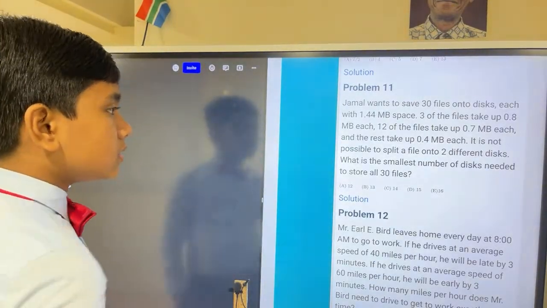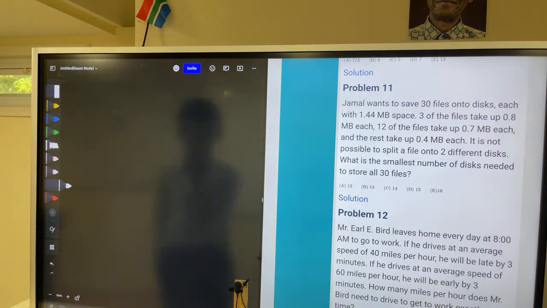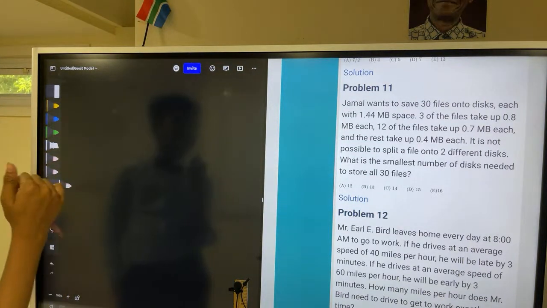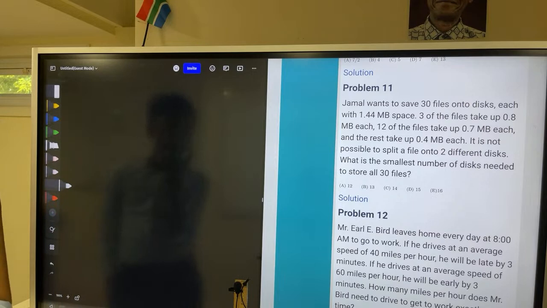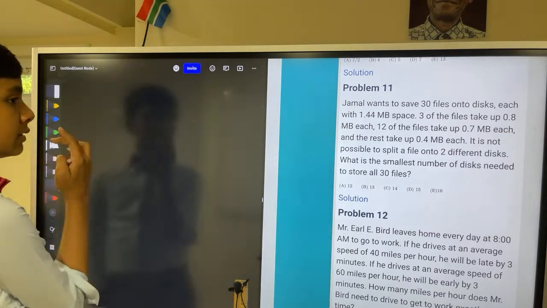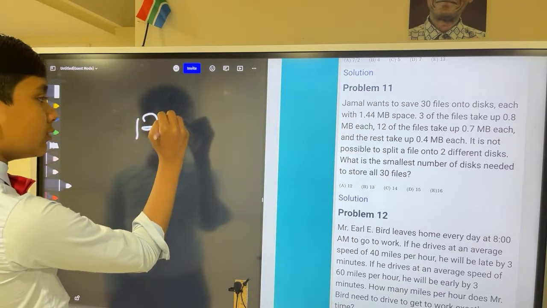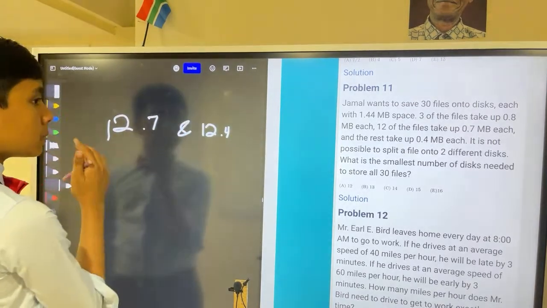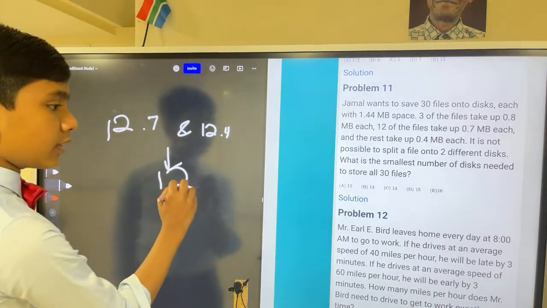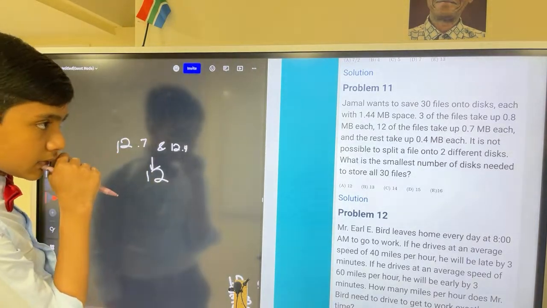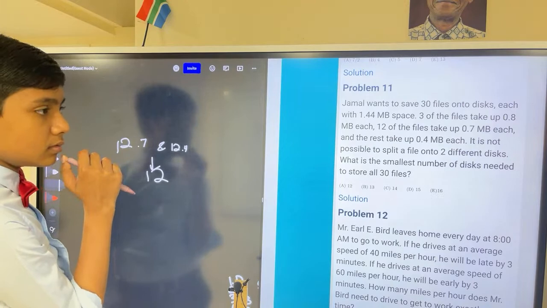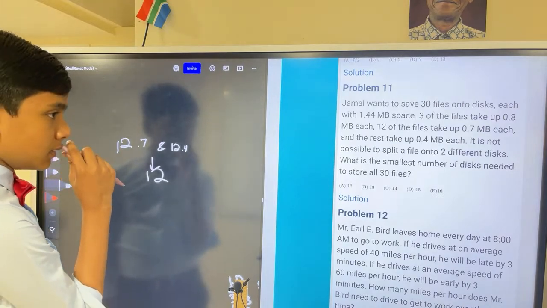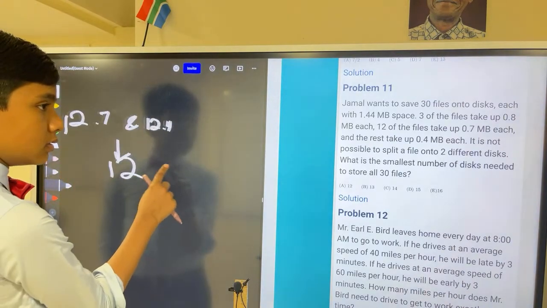Okay, so what I think we could do is pack 12 0.7s and 12 0.4s into 12 disks.